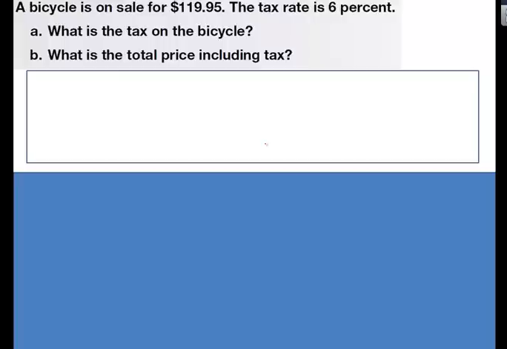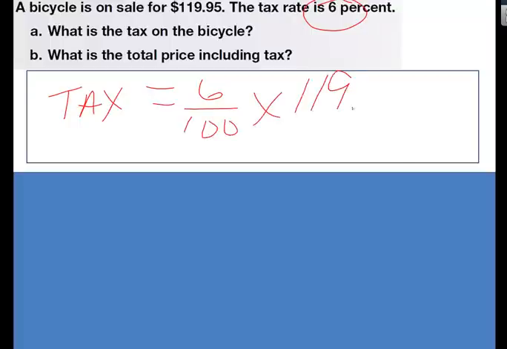So in this case here, I'm just going to write tax instead of what number equals. I'm going to pull out my 6%. 6 over 100 times 119.95. That's one way of doing it.